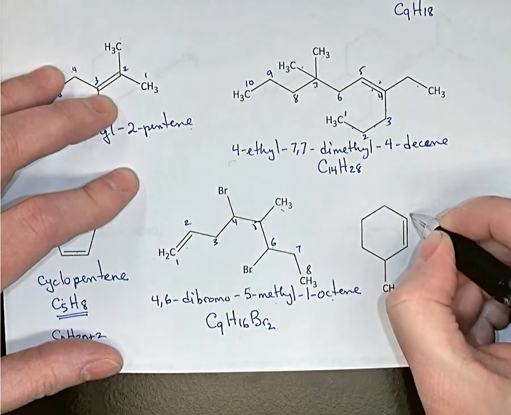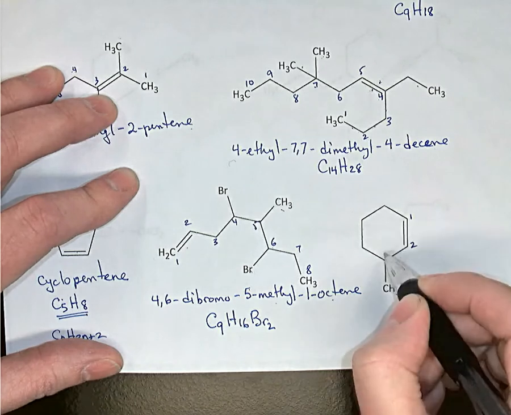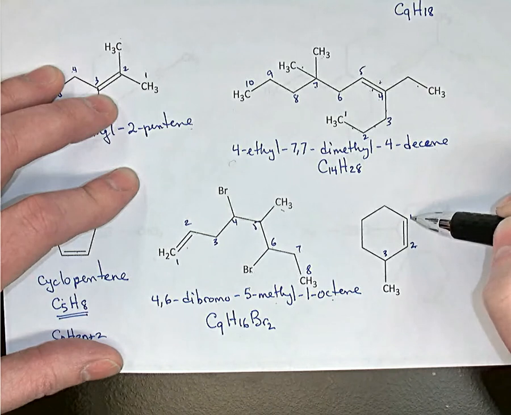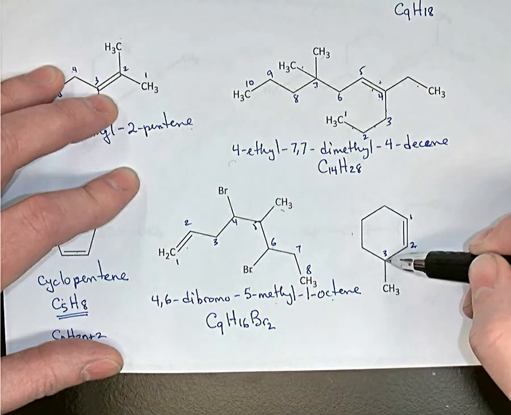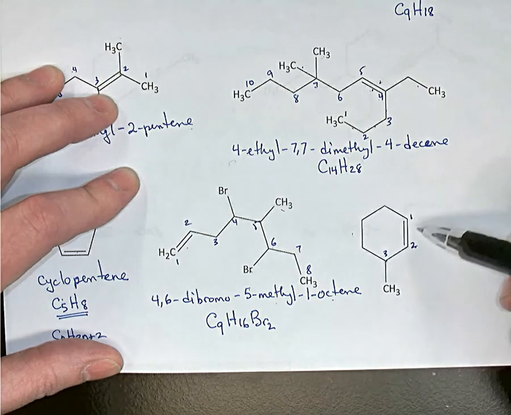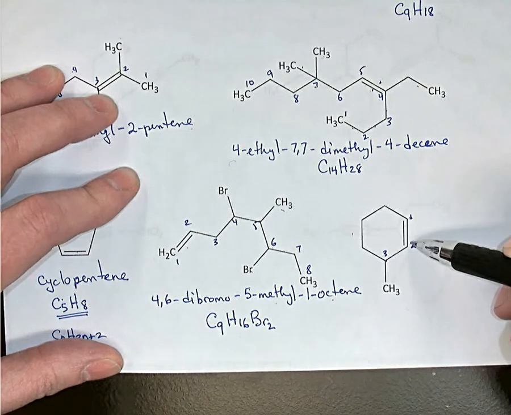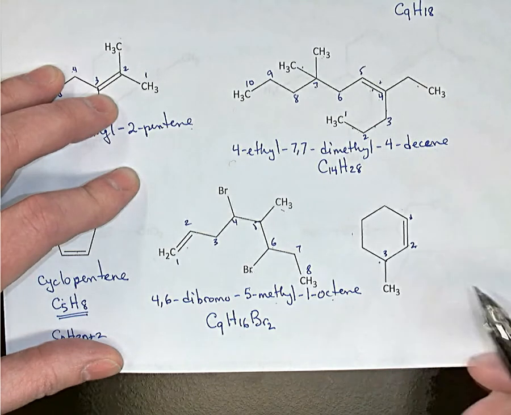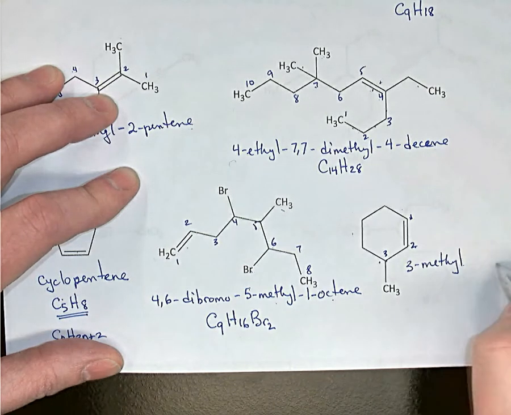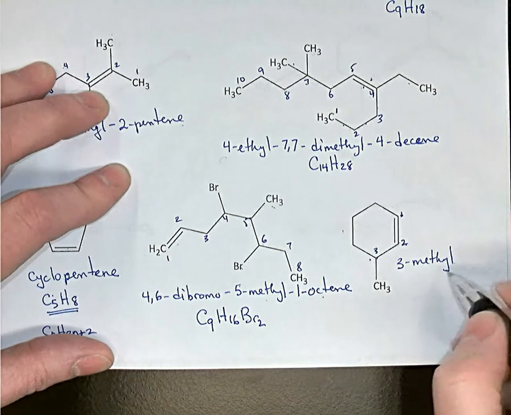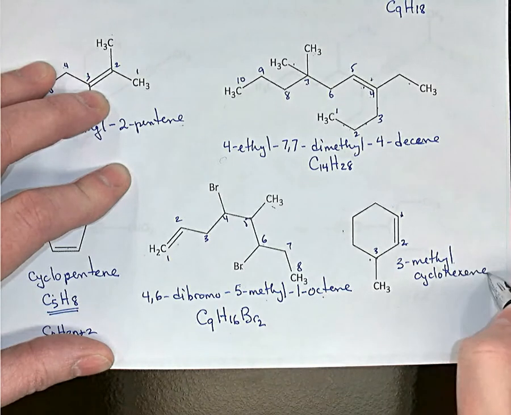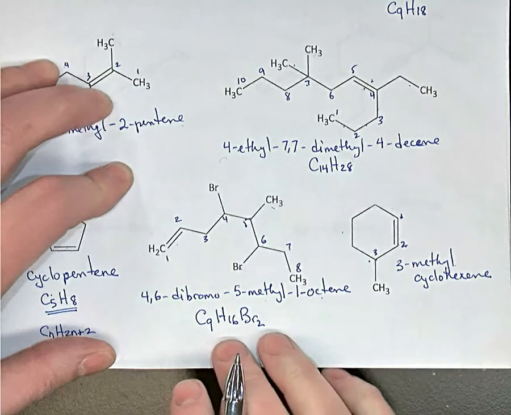So in this case, I'm going to call this carbon 1 and this carbon 2, and then this becomes carbon 3. If I had called this carbon 1 and this carbon 2, then we'd have to travel all the way around here to get to the methyl branch, and it'd be a much larger number here. So to keep the numbering smallest, and to keep the double bond as carbons 1 and 2, we do it like this, 1, 2, 3. So this guy's name is going to be 3-methyl. Now this should be one word, but I'm running out of space here. So 3-methyl cyclohexene. Okay, there's its name, 3-methyl cyclohexene.